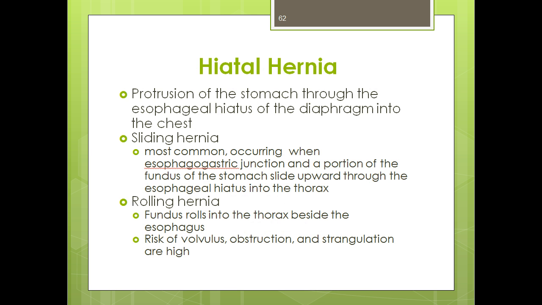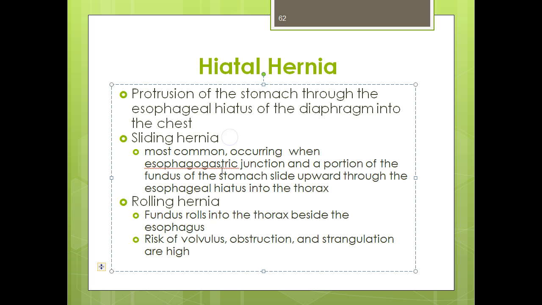Okay, next we're going to discuss the hiatal hernia. The hiatal hernia is the protrusion of the stomach through the esophageal hiatus of the diaphragm into the chest. There are various types of hernias.